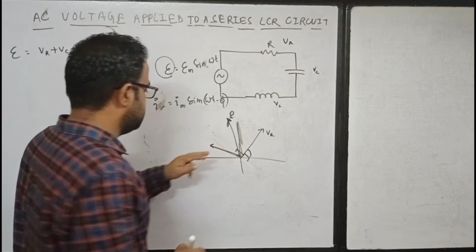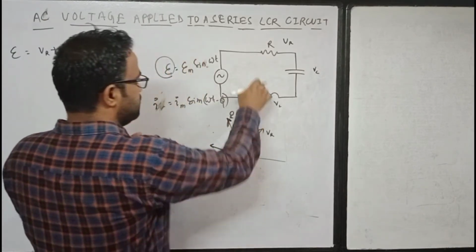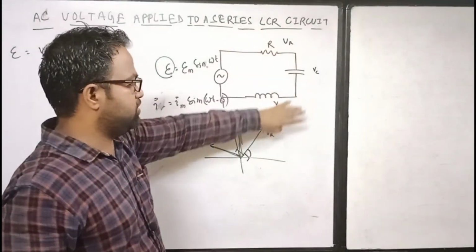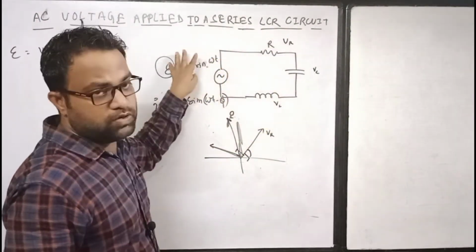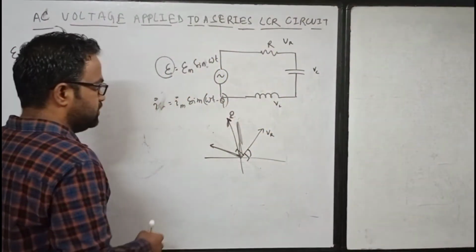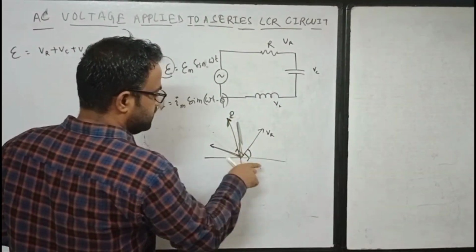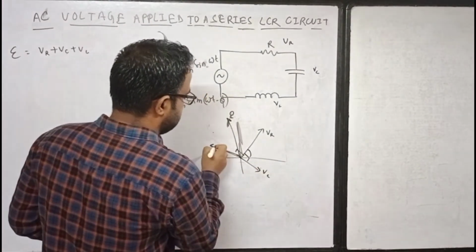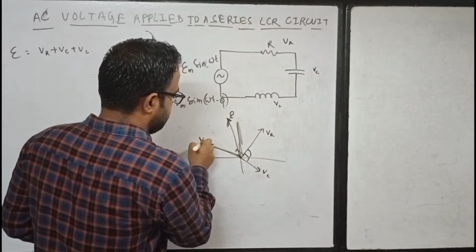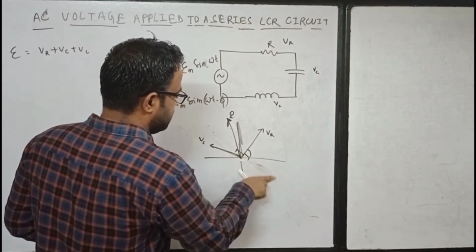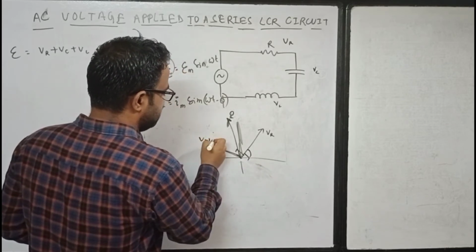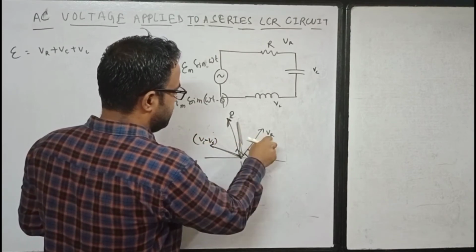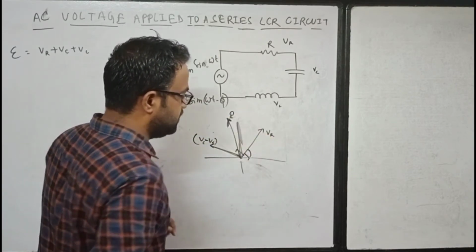That means if you add all three potential drops in the circuit, then it will be equal to the source voltage or applied voltage. So this one must be the resultant of all the three vectors, that is VR, VC and VL. The resultant of VC and VL I'll write as VC minus VL, and with VR, its resultant should be the E vector.